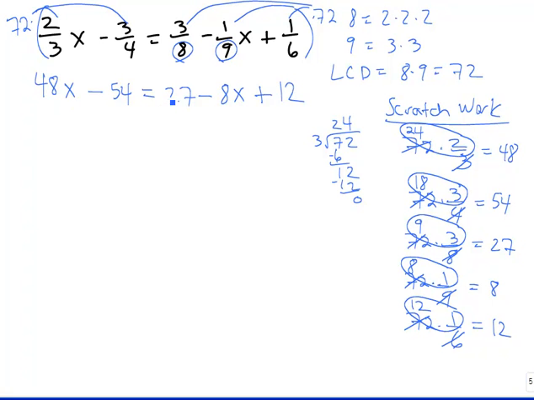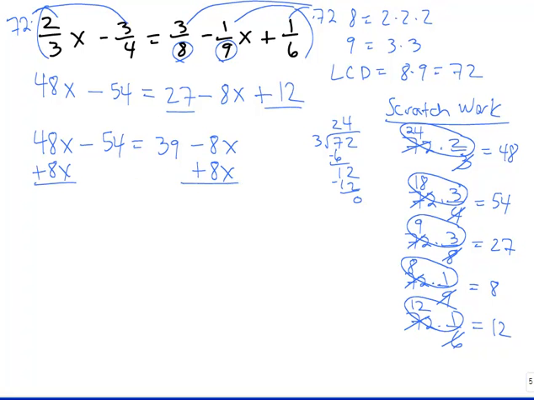Before I start moving terms around, I do have a couple like terms on the right-hand side, so let's get those together. So I'll have 48x minus 54 equals 27 plus 12, which is 39, minus that 8x. And I am going to want to get these x's together, so let's add 8x to both sides so that these 8x's cancel out. 48 plus 8 is going to be 56x.